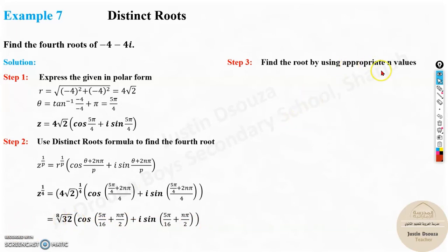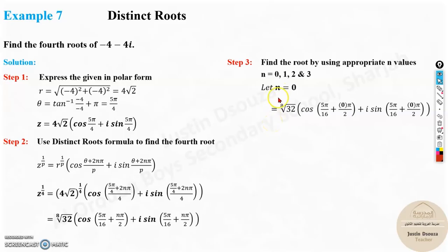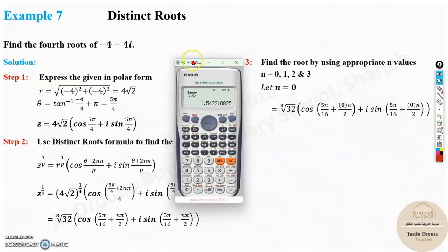Now we need to use appropriate n values and find the roots. So first we need to start with 0, 1, 2, 3. Don't come to 4, 1 less than 4. That is 3. Why? Because it's 1, 2, 3, 4 digits now. Substitute n equals 0. You will get the same thing, but look at the n value is 0. That's the only difference. Now if that is the case, use your calculator and solve it now.